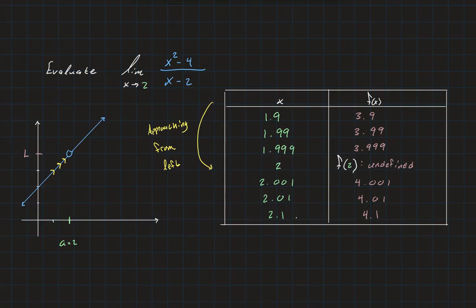And once we have those values filled in and we evaluate our function at them, even though our function is not defined at the exact point where we're interested in taking the limit, we can see a trend with these function values. And likewise, if I hop over that value and look at some values from the right, I can also see a clear trend in the output of the function.